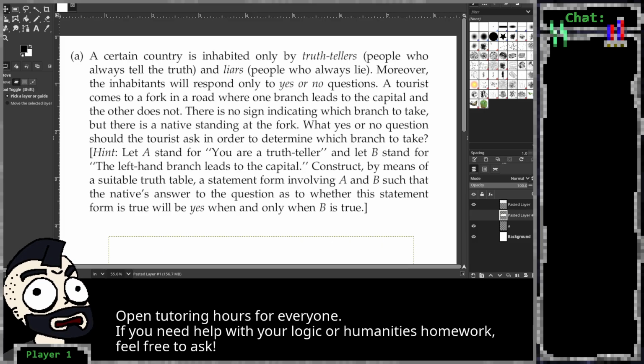So historically, what was it that some people didn't like about the semantic method, or the truth, or the value assignment method?